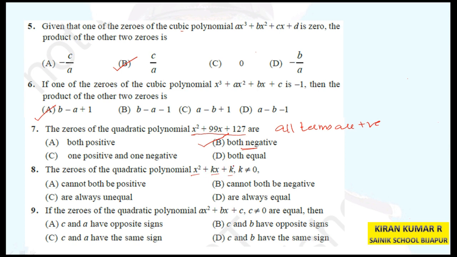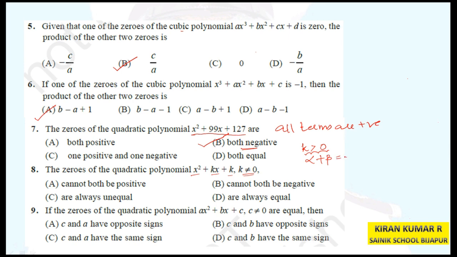Let's first understand the meaning of k not equal to 0. This refers to either k value is greater than 0 or k value is less than 0. Suppose k value is greater than 0, then what will be the sum of the roots alpha plus beta?